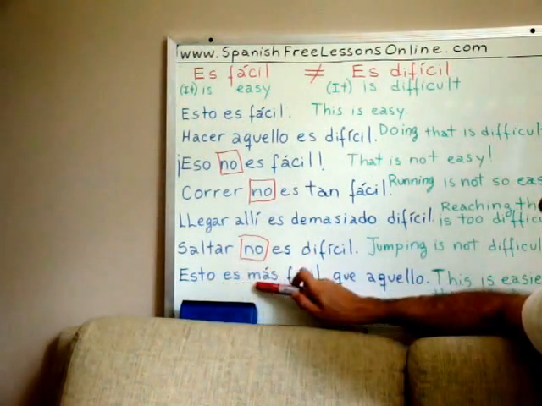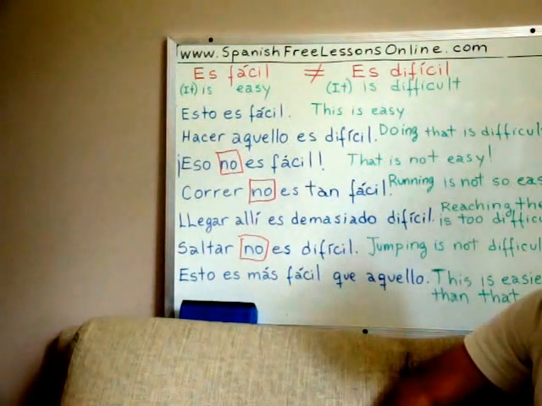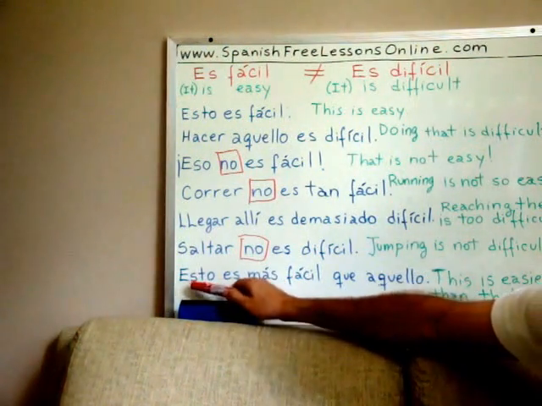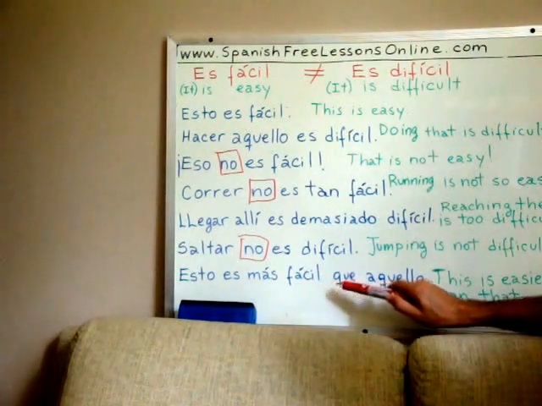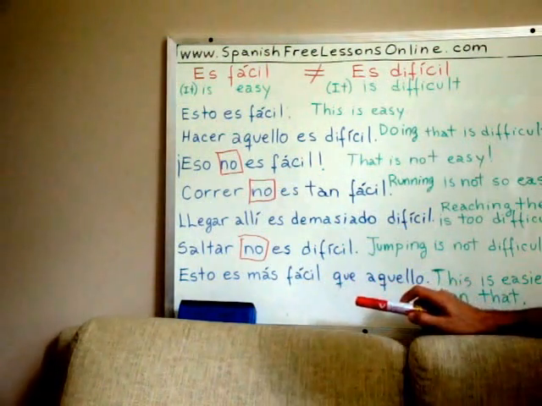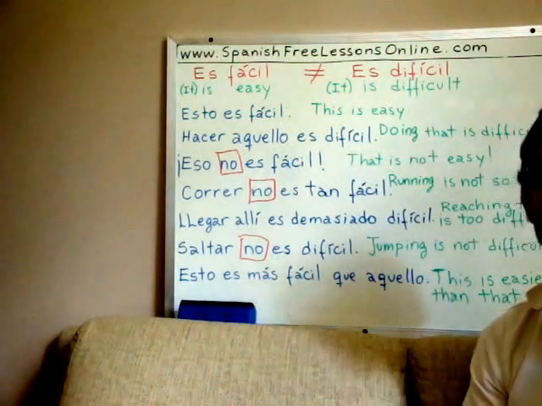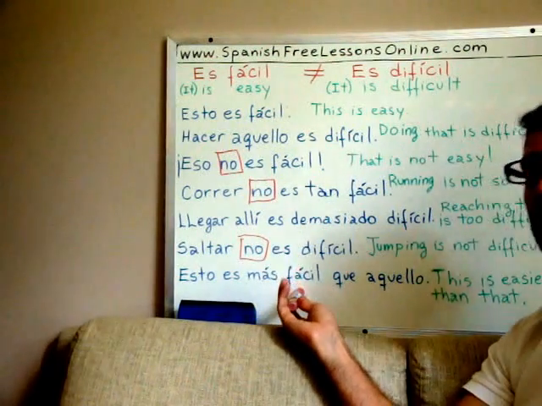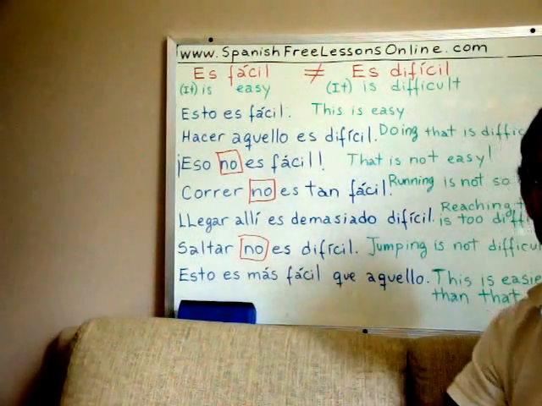Esto es más fácil que aquello. This is more easy than that, right? So in Spanish, when we are comparing, we don't add a suffix to the adjective as we do in English. We don't say easy, easier, right?